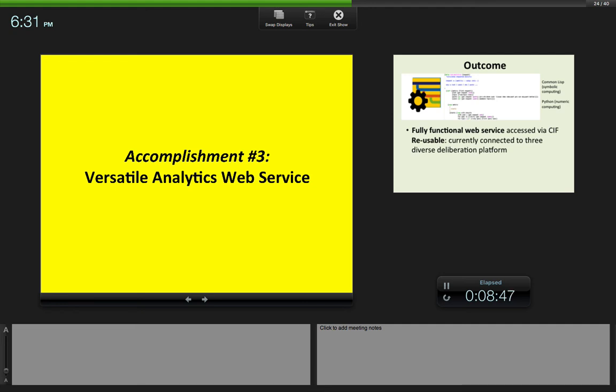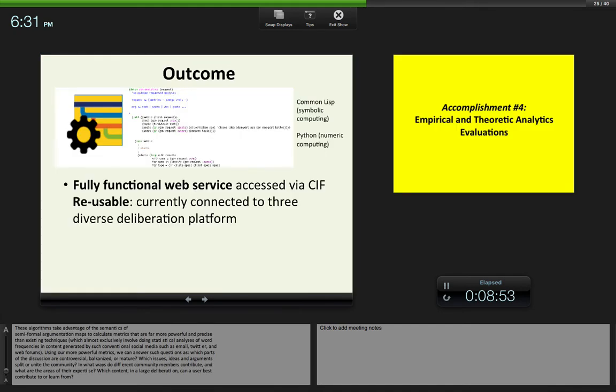A third accomplishment of our work has been to develop and implement a versatile analytics web service. It's a fully functional tool that runs on the web and that deliberation systems can interact with using the Catalyst interchange format.